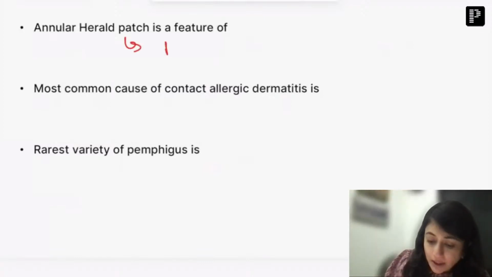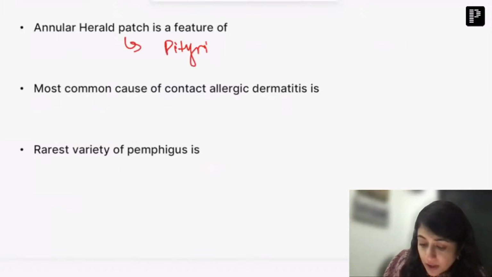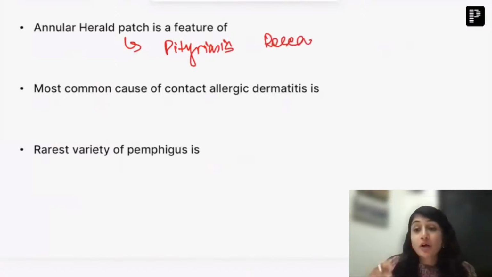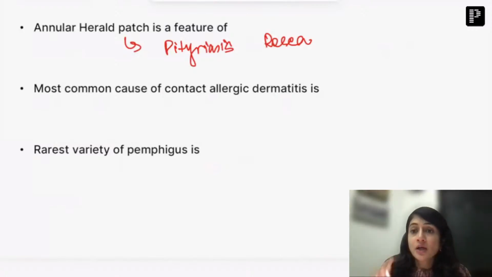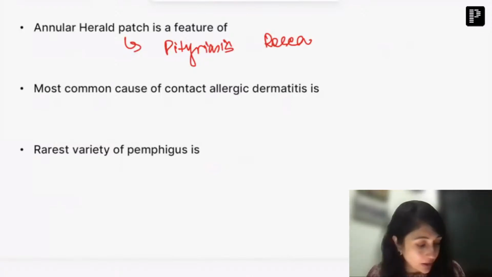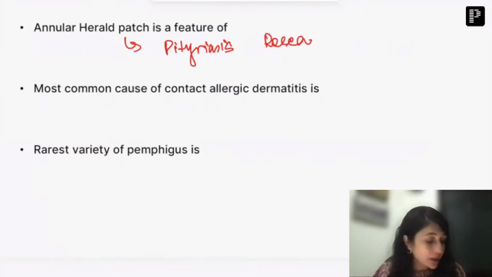Yes, herald patch is a feature of Pityriasis rosea. Pityriasis rosea presents with the first patch, herald patch, which is called the mother patch, which is larger, and then it presents with numerous small scaly lesions. Characteristic feature about Pityriasis rosea, the scaling which is there is collarette of scales, and you see a Christmas tree appearance.